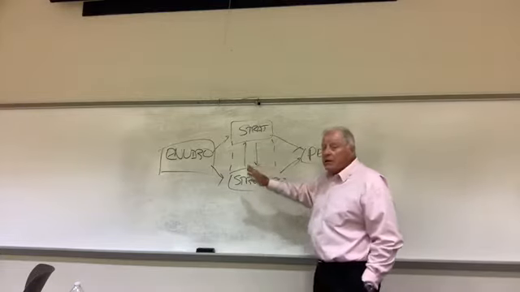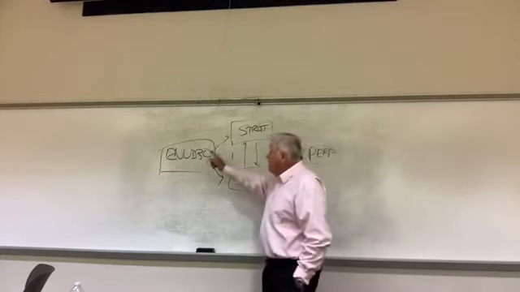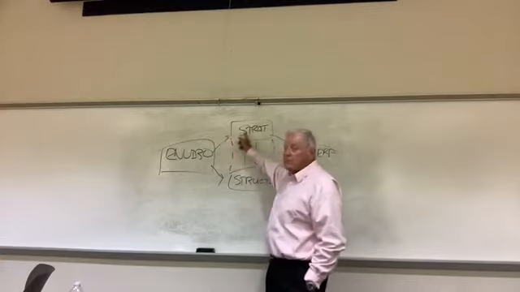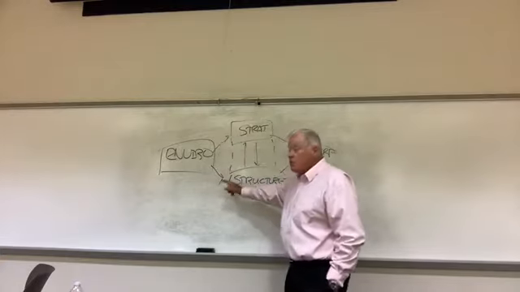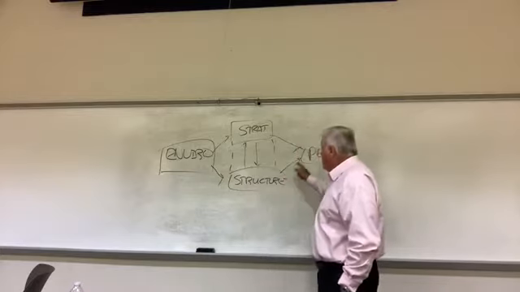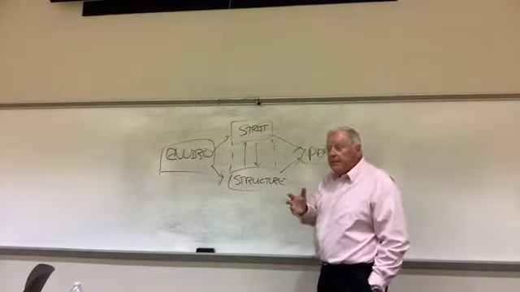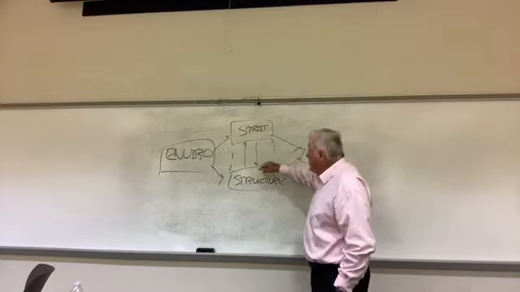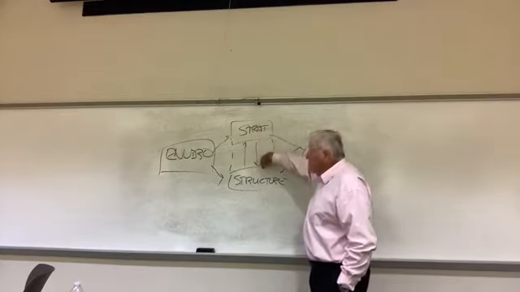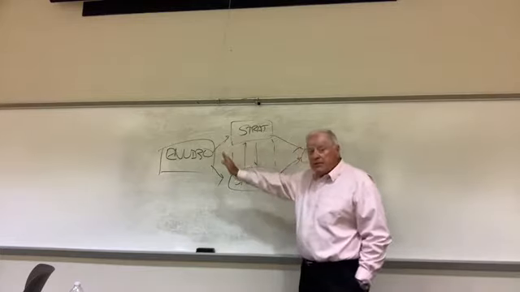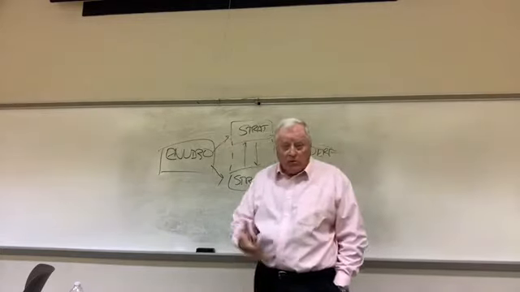So if you look at the way this model is structured, the environment influences, you see the arrow, it influences your choice of strategy and your choice of structure, and your choice of structure and strategy both influence performance, and there is a bilateral relationship. Strategy influences the choice of structure, and once a firm exists, the structure influences the choice of strategies or constrains them.